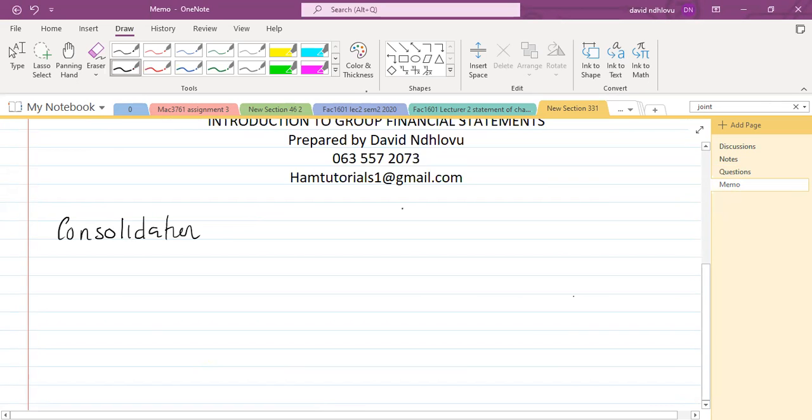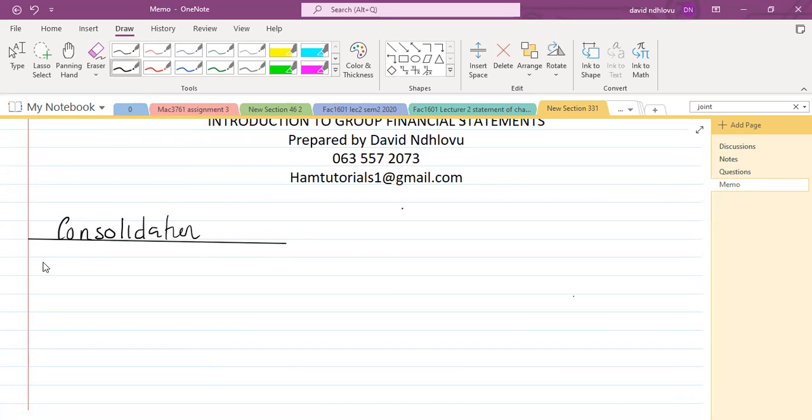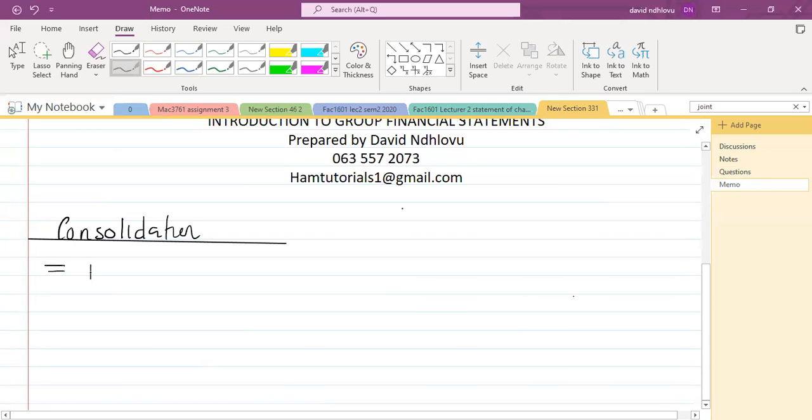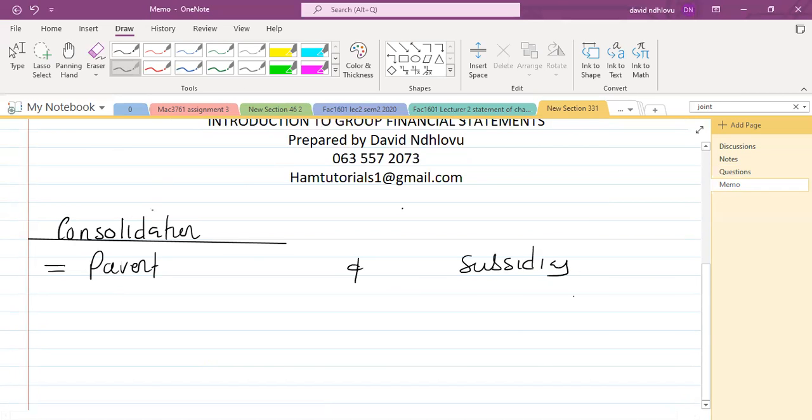Consolidation occurs where we have in this module a relationship between two entities. And the relationship is that of a parent and its subsidiary. So we have two entities that are related. One entity is called the parent, the other entity is called the subsidiary.